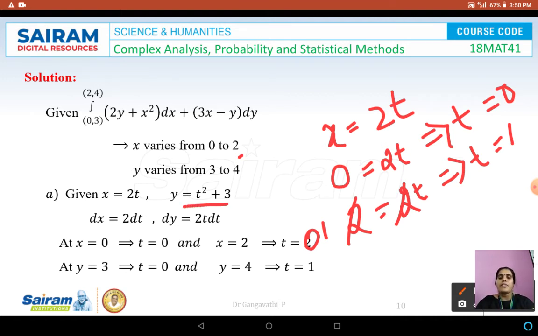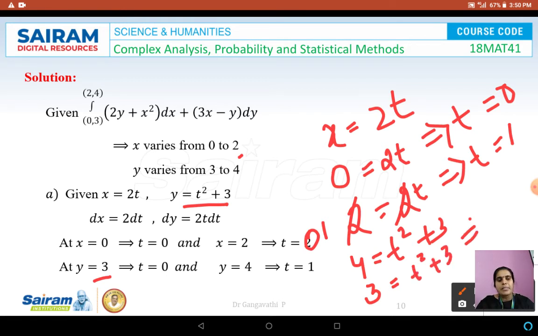So y we have to substitute here, t square plus 3. When y is equal to 3, put 3, y is equal to t square plus 3. When y is equal to 3, t square plus 3, and this 3 if I transfer towards the other side, it becomes minus 3 and t will be equal to 0. And when y is equal to 4, put y is equal to 4 here. 4 is equal to t square plus 3.